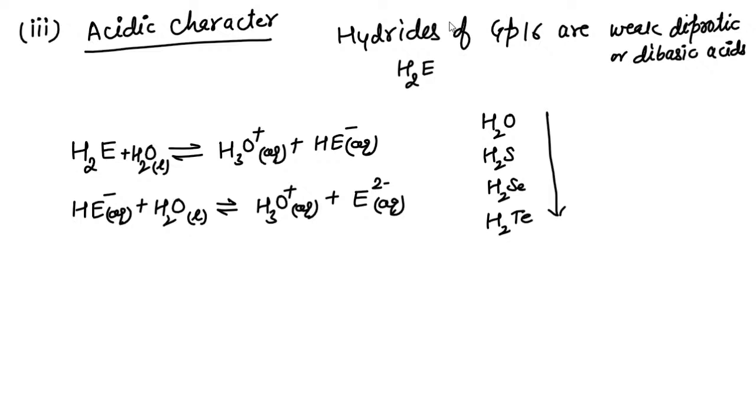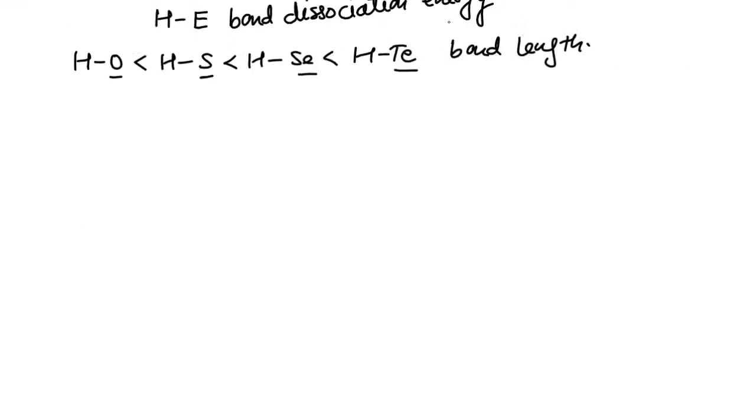When bond length increases, bond strength decreases. It means the tendency to release hydrogen as a proton increases, and that's why H2O is least acidic, while H2Te is most acidic.